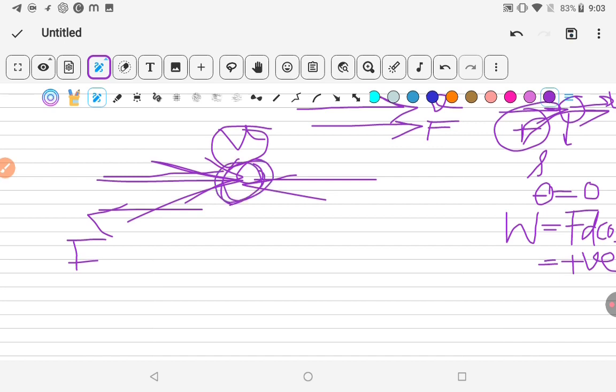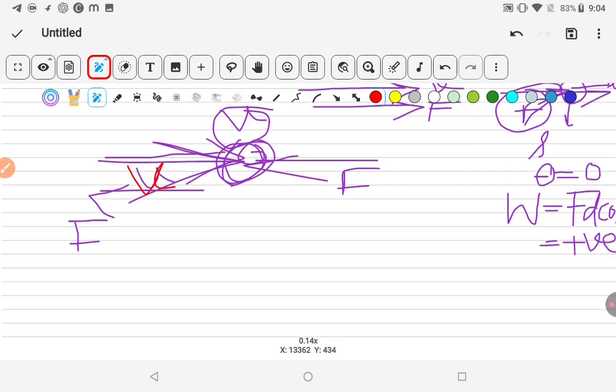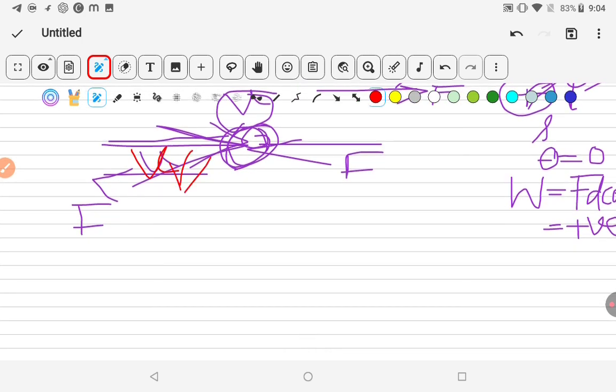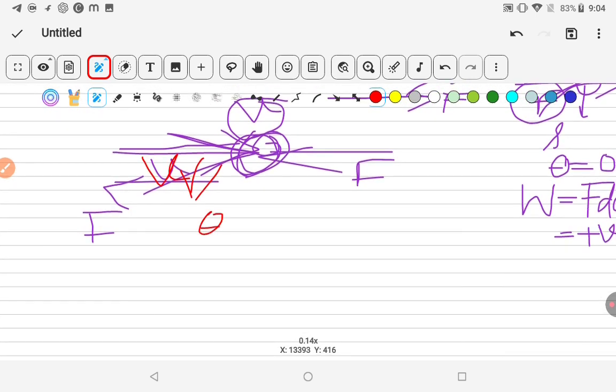So v is decreasing here, and therefore theta is 180 degrees. Work done is negative. Why? Because cos 180 degrees is -1, so it would be negative.